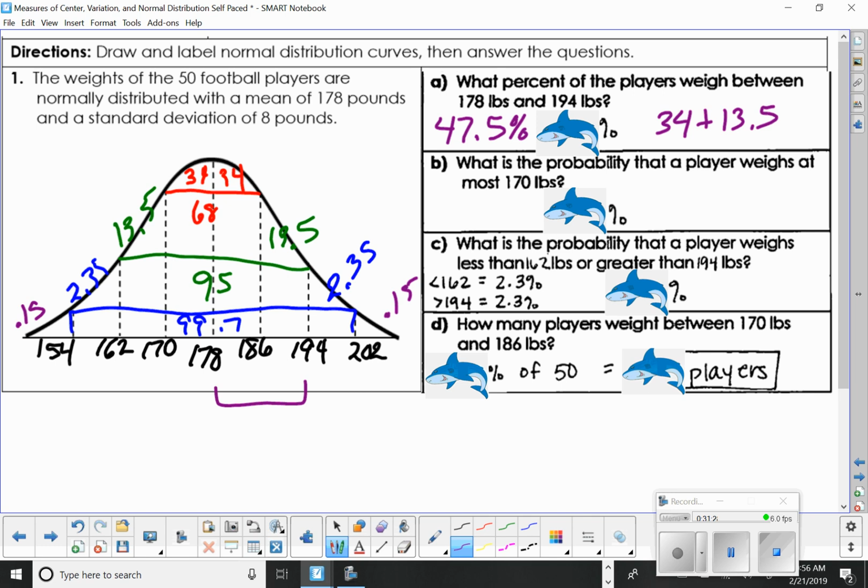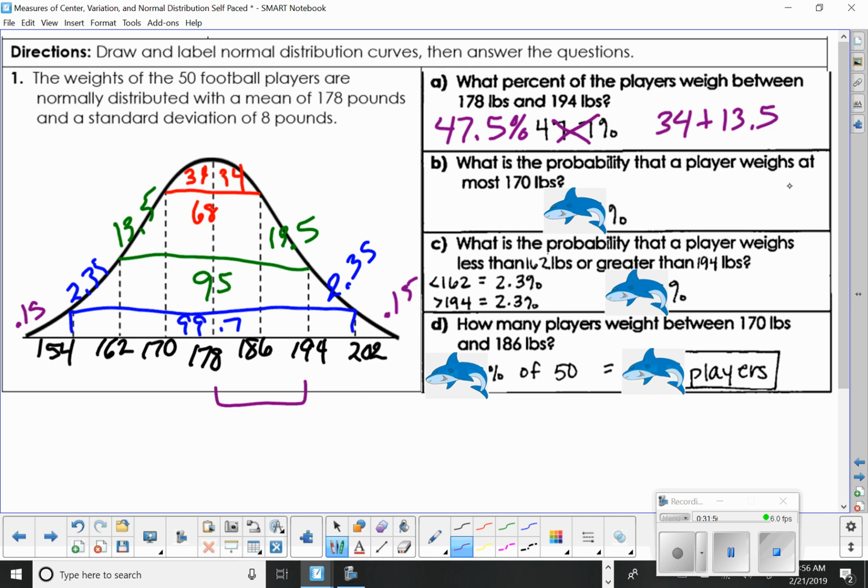Okay, and I covered this up because I'm going to show you, see how he's got 47.7? It's because they're using that other list. So when you look at the answers from this worksheet, it's going to be a little off because they use a slightly different empirical rule, but you should be within a couple of tenths.